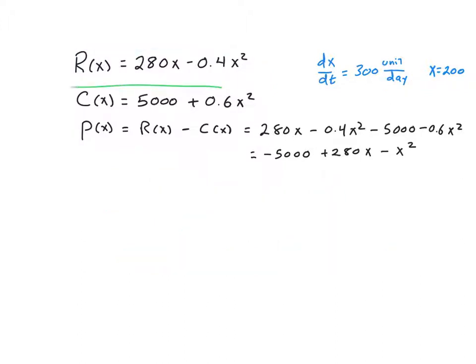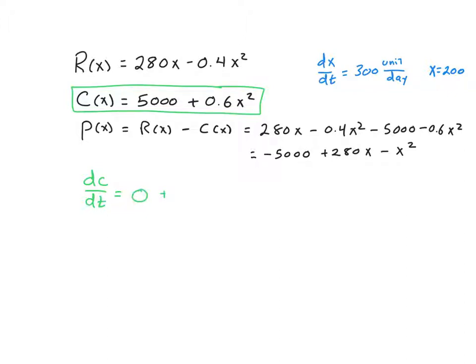Okay, let's move on and work on the rate of change of the cost as a function of time. So that will be dC/dt, and I'll get that by differentiating the cost function. The left-hand side derivative is just dC/dt. The derivative of the right-hand side, the 5,000 is a constant, so its derivative will be 0.